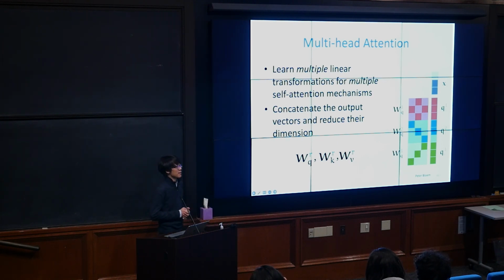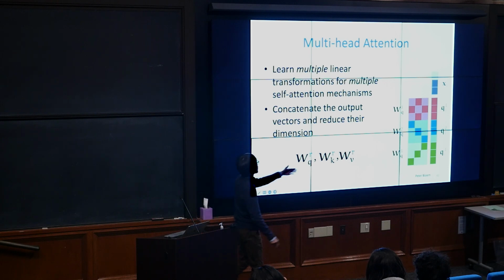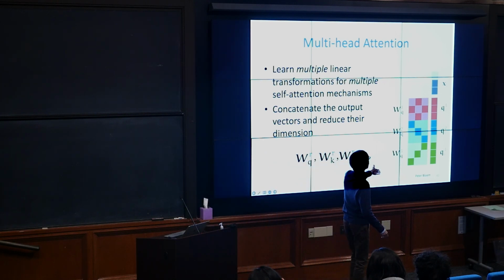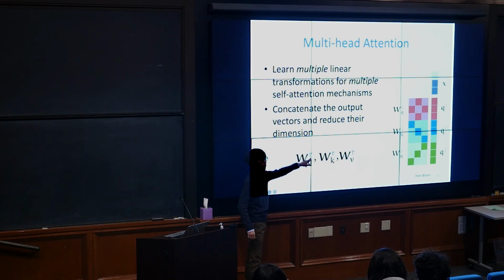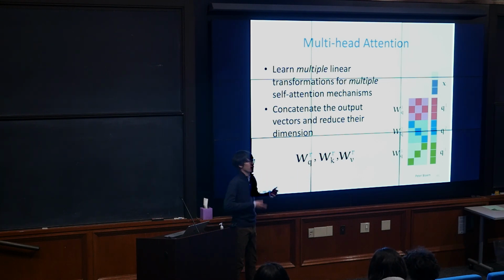And this is computationally not too bad because it's just matrix multiplication. So we just expanded on one axis so that we can do this multiple times, right? So you might imagine that one R, I don't know, learns the direct object relationship, and another R learns the noun-verb relationship, right? Things like that.